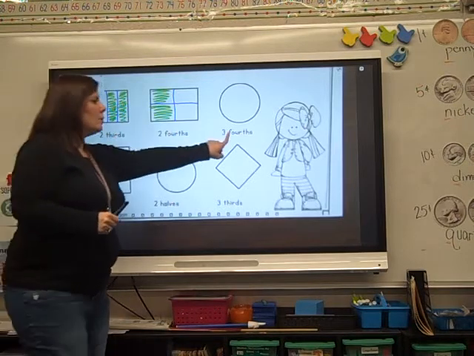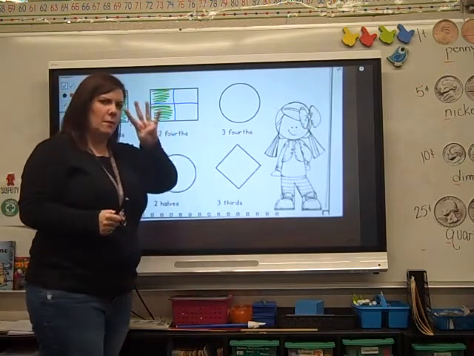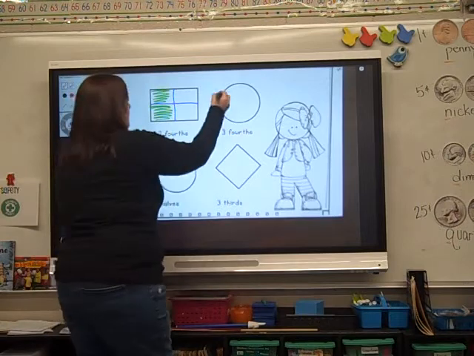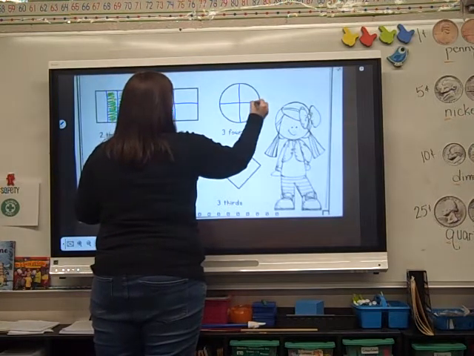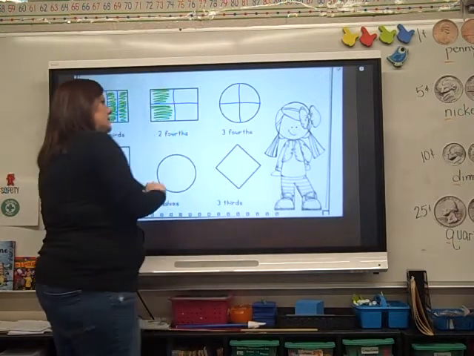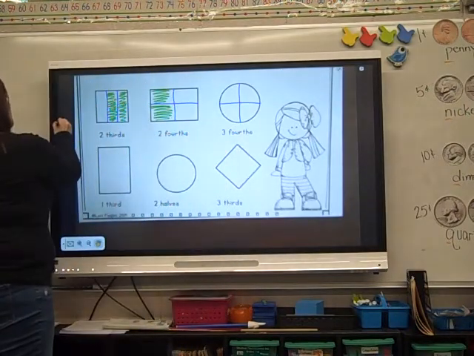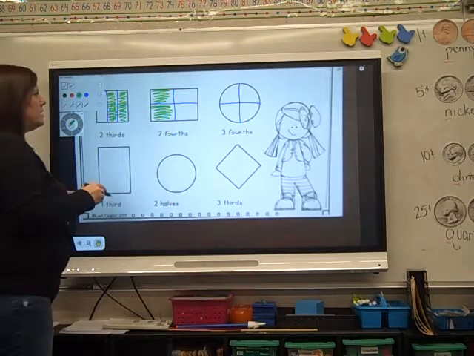Okay, again, we have to cut it into 4ths, 4 equal pieces. Easiest way to do 4ths, down the middle, across the middle. How many pieces are we supposed to color in? 3. 3 of the 4ths.